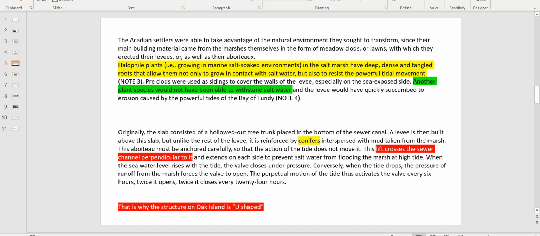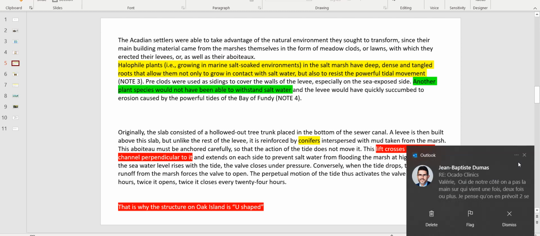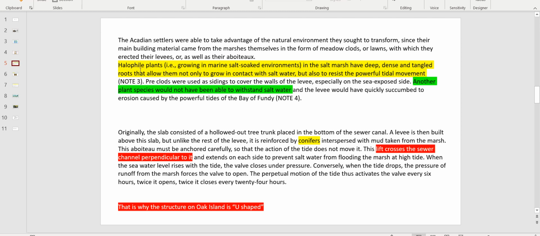They would use, because they were drying out a swamp, and this is very important in our story, in order to reinforce the mechanism, halophyte plants, which is plants growing in swamps. And because those plants are growing in swamps, they're super resistant to water. They're waterproof. They're dense, and they use the roots, and they would reinforce the waterproof ability of their mechanism by using those plants from the swamp.